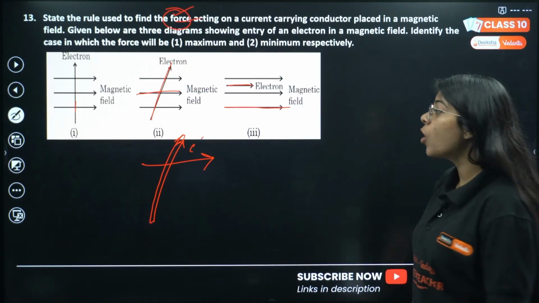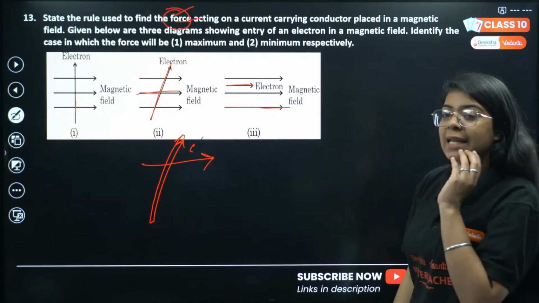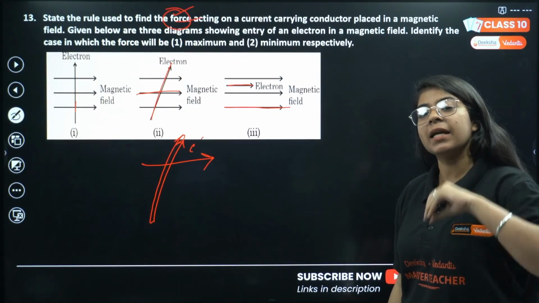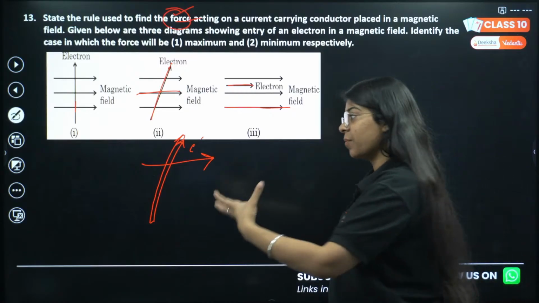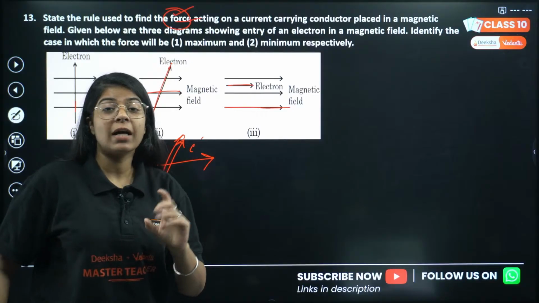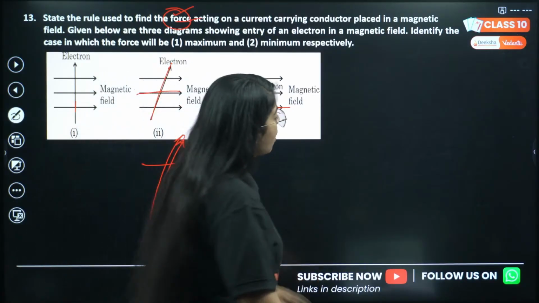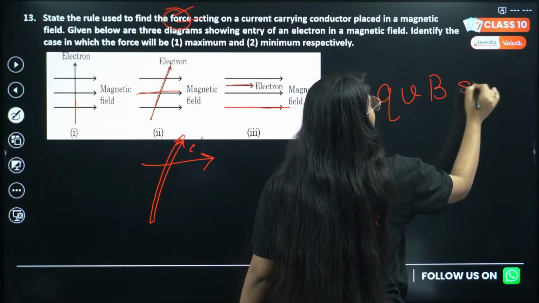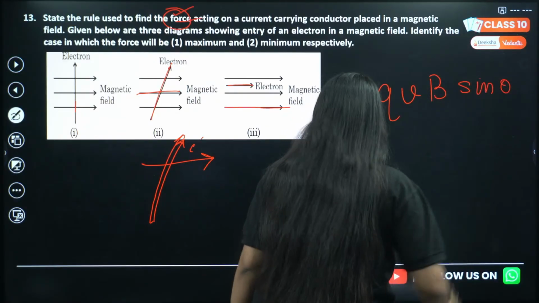Correct? So out of all these three cases, in which case is the force on the electron entering into the magnetic field maximum? Okay, so a very important formula that I told you to remember was what? That is QVB sine theta. Correct?